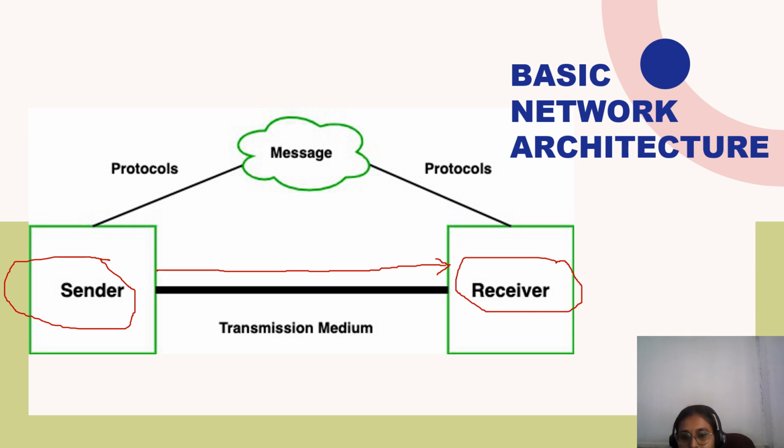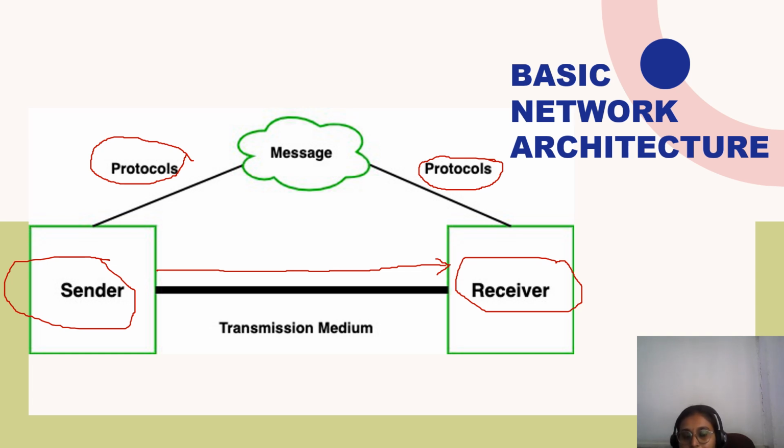For this purpose, we need to make sure that our data is secured. So for data security, we have the message and we use protocols to embed these messages. While using the protocols, we make sure that our data will be secure while it is reaching the receiver side.